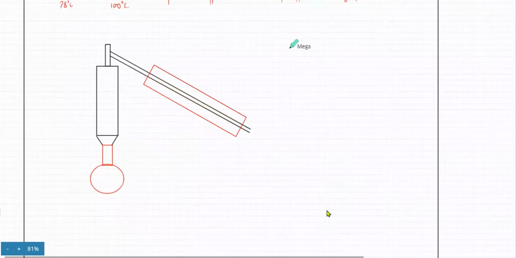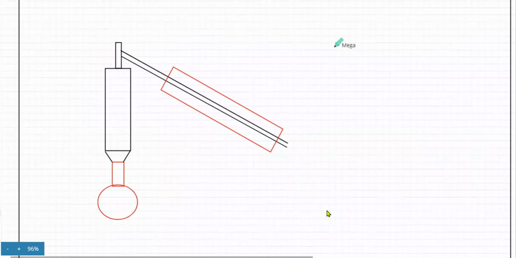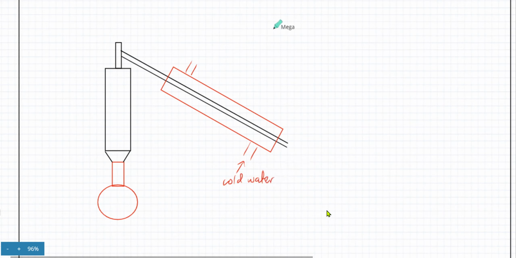Okay, this is how the apparatus would look, and that's your condenser. इसके ऊपर let me draw the water in and water out. So this is your cold water going in, and that's your cold water coming out.